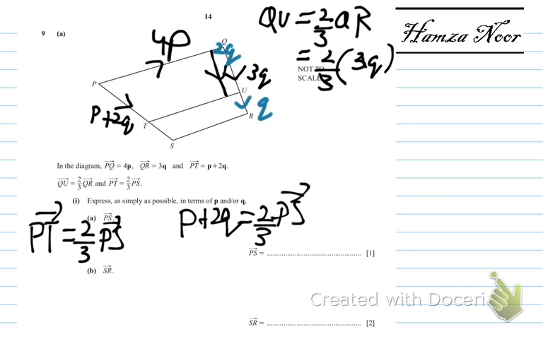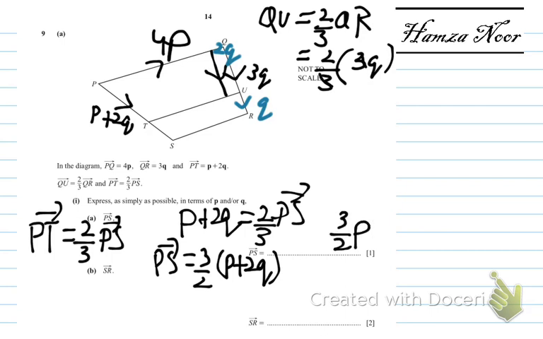So this is now very easy. PS is equal to 3 over 2 times (p plus 2q). You can also leave your answer in this form, or you can expand it as well: 3 over 2 p plus 3q.